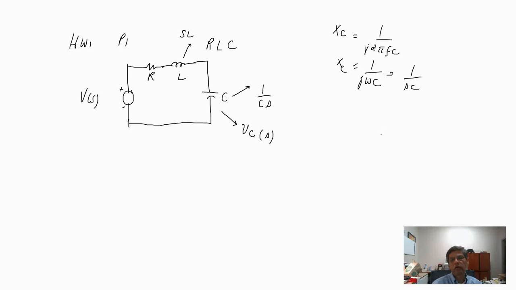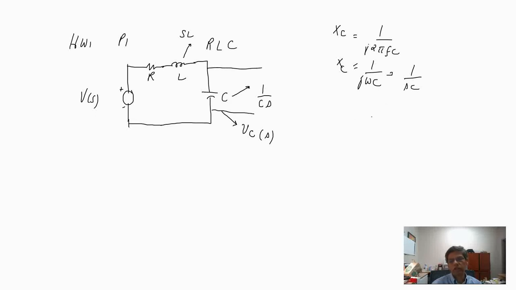As you recall, the transfer function is always the output divided by the input. In this case, you can see we are taking the voltage across this capacitor, and this is your input.